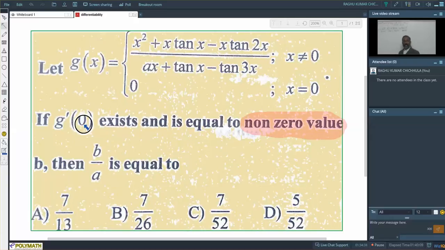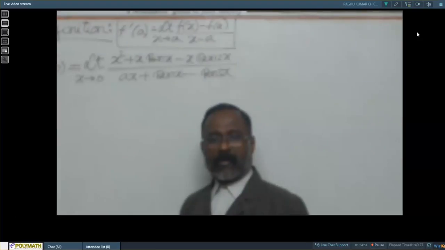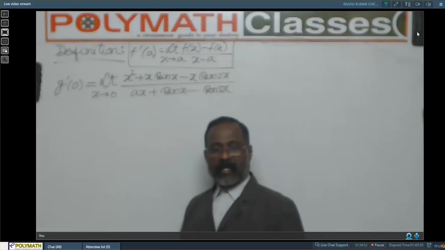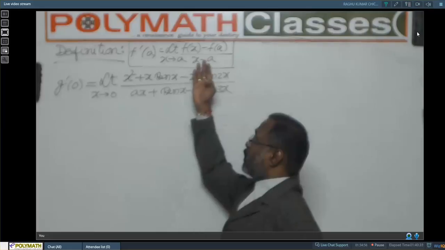Now what we have to clearly understand is that g dash 0 may be a 0 value in general, but it is clearly mentioned that it is a non-zero value. By considering this, you have to solve for g dash 0. As you all know, we have to make use of the first principle or definition, which is very well known to you: f dash of a is equal to limit of (f of x minus f of a) by (x minus a) as x tends to a.